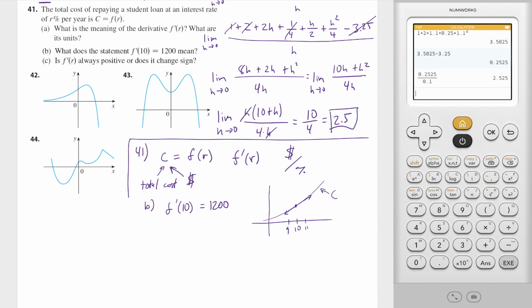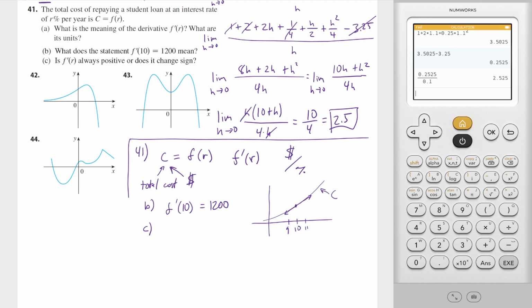Okay, is f of r always positive, or does it change sign? Okay, so let's go ahead and assume that this is a standard kind of function that a bank or a student loan company is going to use, and that's an exponential function. And so what that means is that whenever the rate increases, the cost increases, and whenever the rate decreases, the cost decreases.